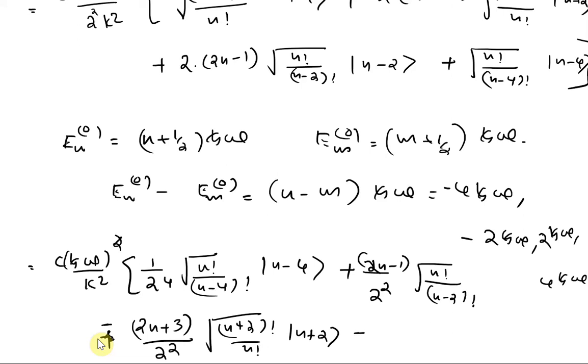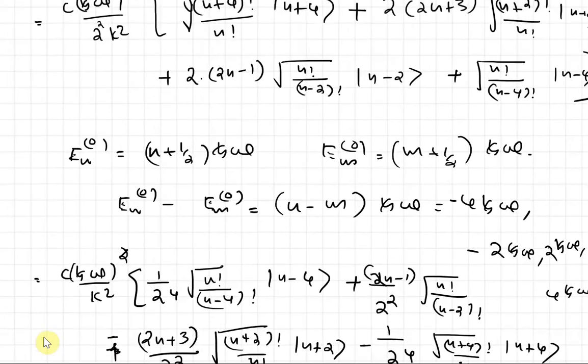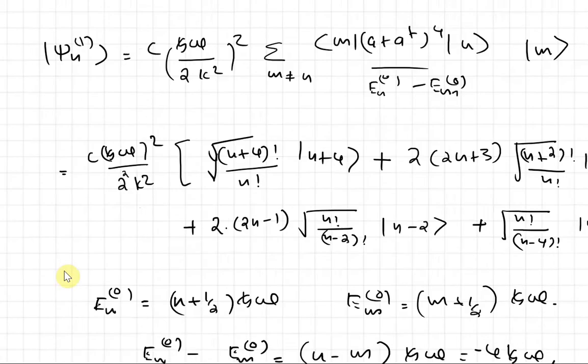So again it's 1 by 2 raised to 4 root n plus 4 factorial by n factorial, for the state n plus 4. Okay, so that is the final form of the expression, the first order correction in the wave function.